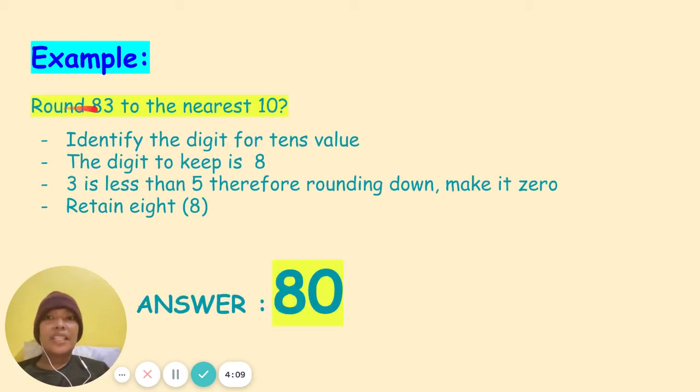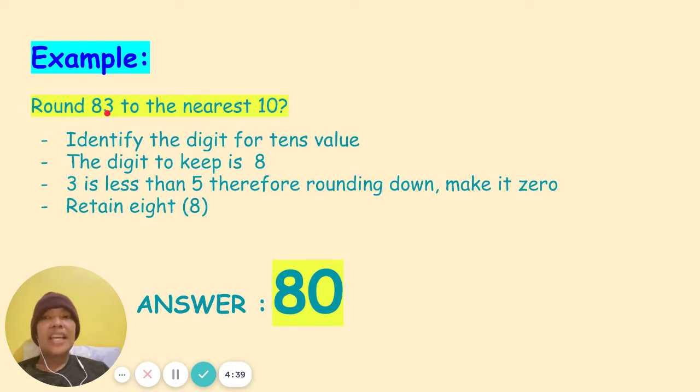Next. So, example po natin. Round off 83 to the nearest 10. So, ano nga yung unang rule? Identify the digit for tens value. Identify mo muna ngayon kung ano yung nearest, yung tens. So, 3 is ones, 8 is tens. So, titingin po kayo sa 8. So, ano po yung katabi niya sa kanan? Always right ang tingin po, always sa kanan. So, ano po yung katabi niya? 3.